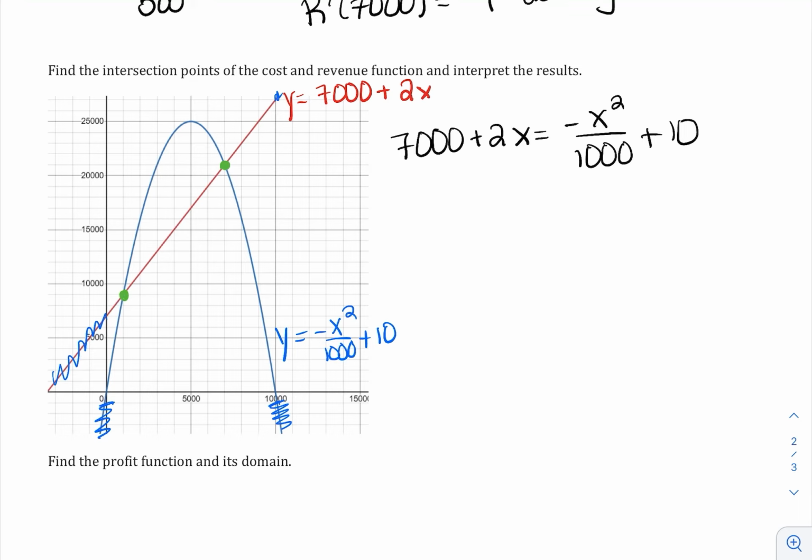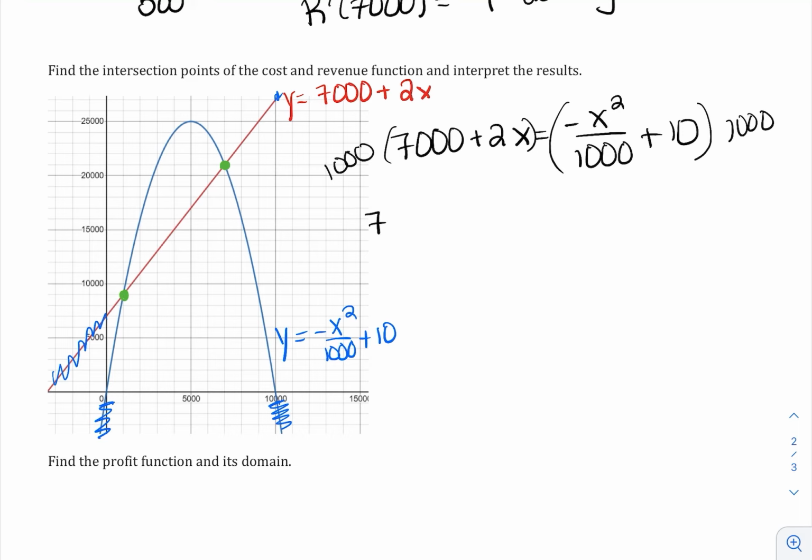So what we're going to do is, because I don't want this 1,000 under the x squared, I'm going to multiply both sides by 1,000. This is going to get rid of my 1,000 at the bottom there. Remember that when you do this, everything needs to be multiplied by 1,000, so you need to distribute it.